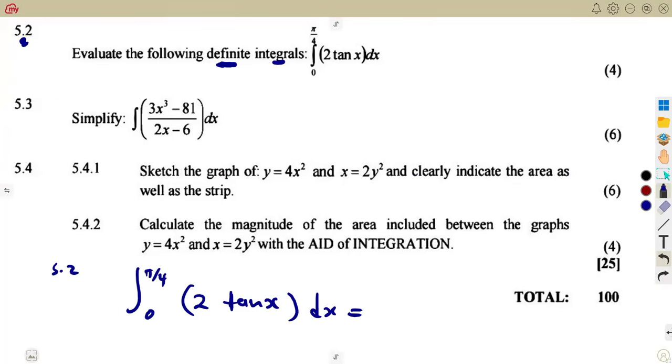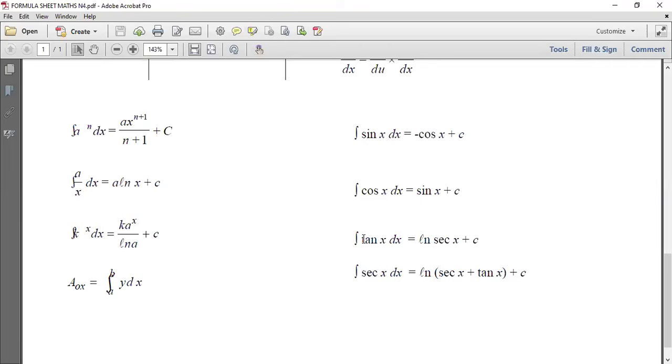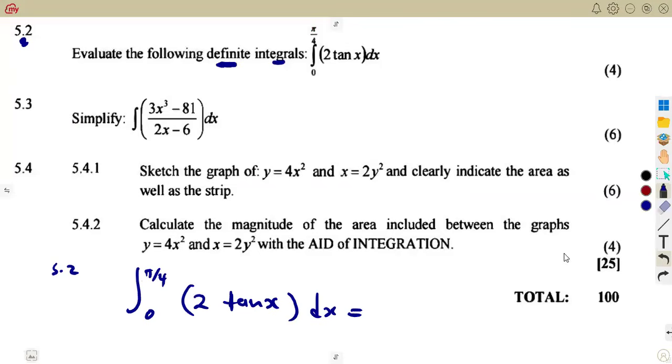Do we have the integral of a tan? That one we are already given from our formula sheet. The integral of a tan gives us ln sec x. So we are going to have ln sec of x there.